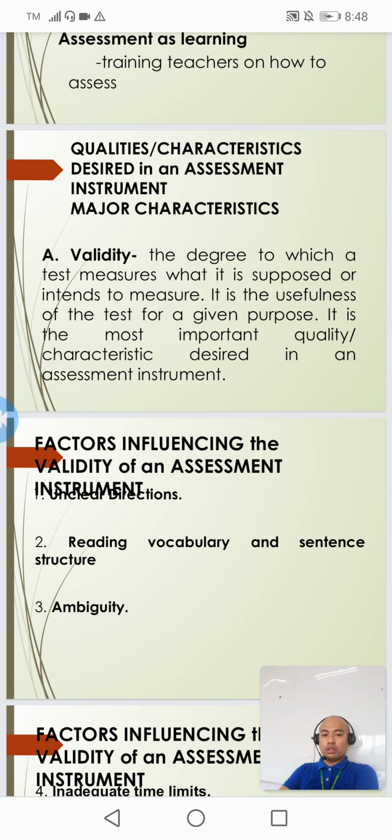And how do we check if these two measurements are really similar? Kasi since this is pre-test and post-test, we need to make sure that these two test instruments are equivalent in nature. So how do we know that these two are equivalent? It is by simply checking the concurrent validity of the two test instruments.